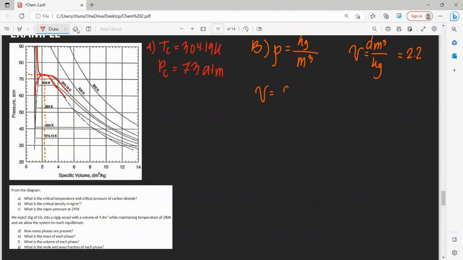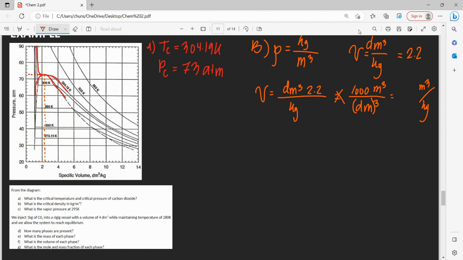So this is, and this is going to give us, so 1 cubic decameter is equal to 1,000 meters cubed.